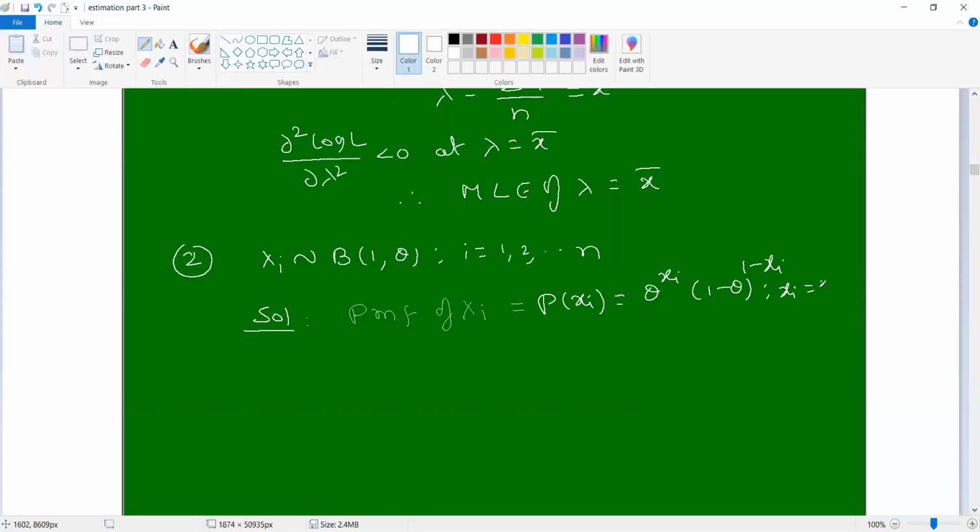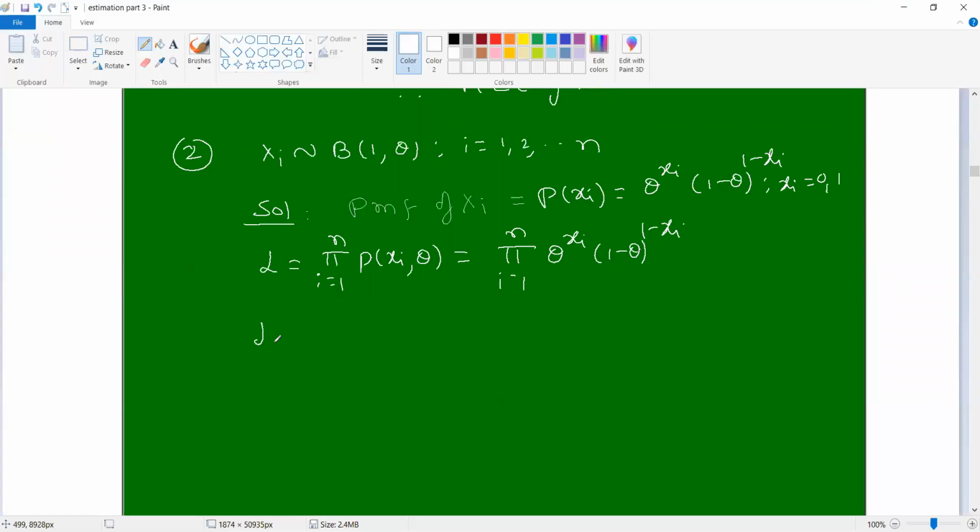Xi takes values 0, 1. IIDs, likelihood function equal to product, i is equal to 1 to n. N samples are drawn. P of xi comma theta, that is equal to product, i is equal to 1 to n, theta power xi, 1 minus theta whole power 1 minus xi.